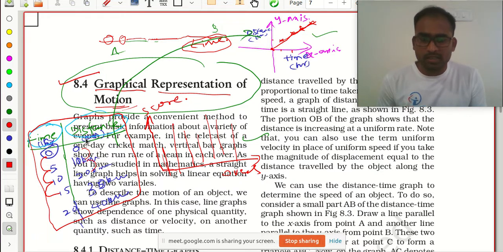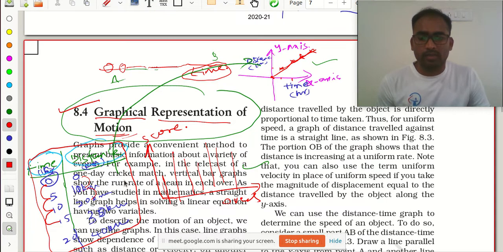Here time and distance are proportional. If time changes by 5 hours, the distance always changes by 10 kilometers. So we can say this distance is proportional to the time taken. Can we say? Yes, sir. Why? Because for every 5 hours, my distance is changing by 10 kilometers.